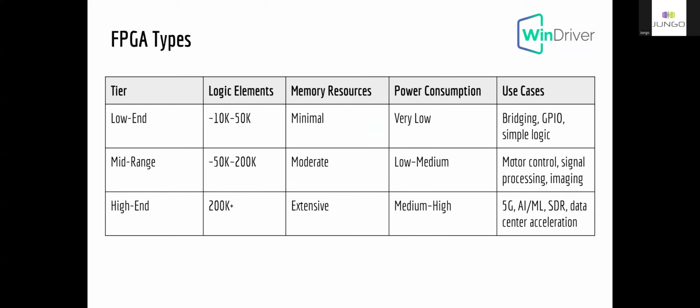When talking about FPGA, we have three types in general. We have the low end, which has fewer logic elements. They require minimal memory resources, have very low power consumption, and are used for GPIOs, bridging, simple logic. The mid-range FPGAs have more logic elements, between 50K and 200K. They have moderate memory resources, and they're used for motor control, signal processing, imaging, and so on.